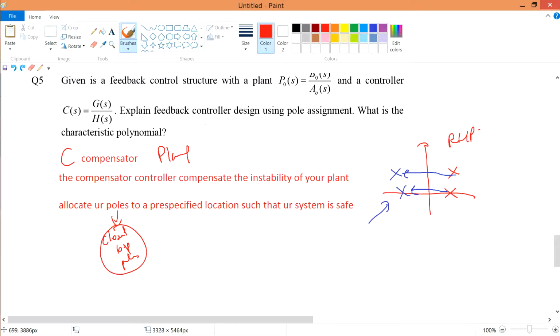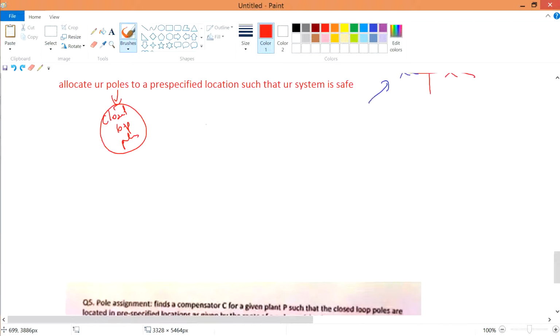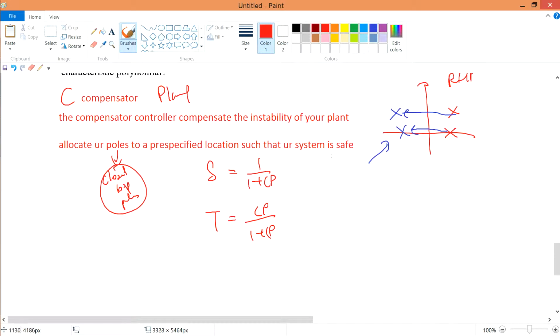Now what is the characteristic polynomial? If you remember, S is equal to 1 over 1 plus Cp. T is equal to Cp over 1 plus Cp. We know that Cp is your controller and your plant. So you just simply substitute in your stuff. So it's 1 over 1 plus G over H times B over A. This is your controller, this is your plant.